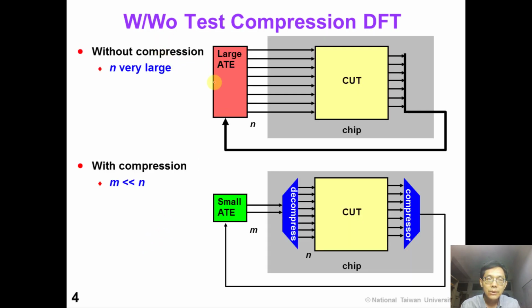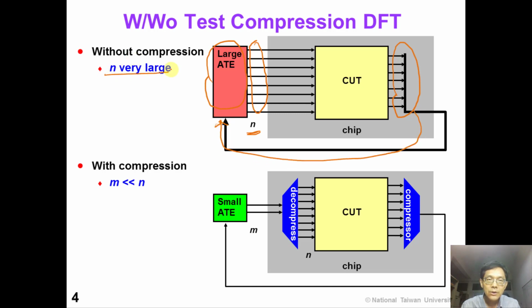Traditionally, we need a very large ATE to apply a very large volume of test data using many test channels. And we also collect the CUT response back to the ATE.